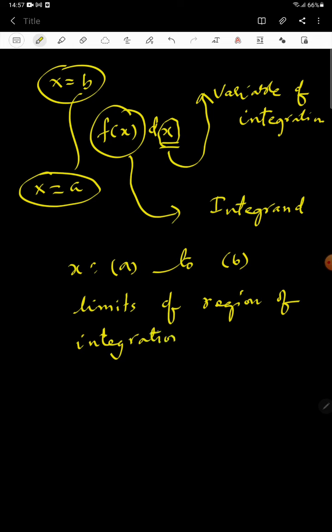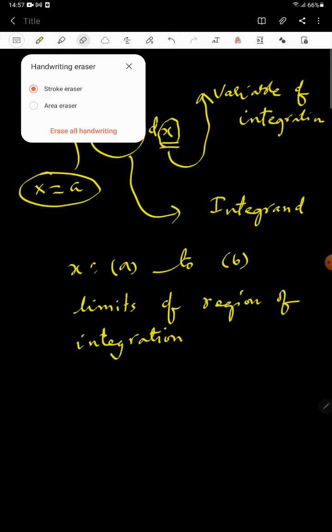Now the question comes, if we calculate this integral, what do we get? Take integral a to b f of x dx, from x equal to a to b, by taking this f of x as 1, for example, a very simple situation.